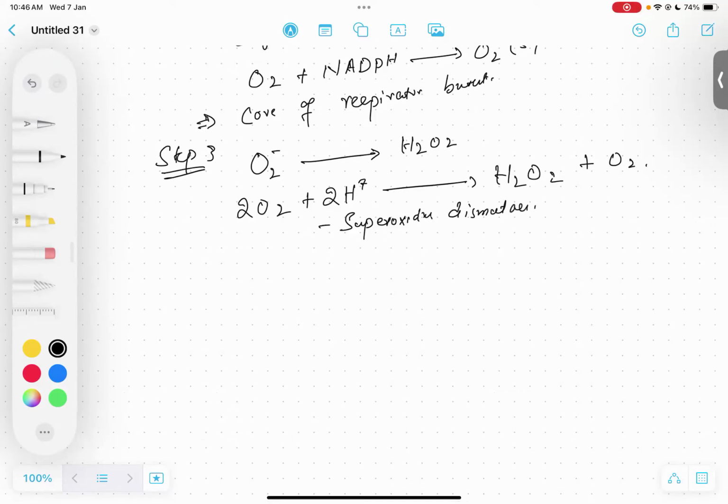So remember doctors, this enzyme is also important because MCQs will also come on this enzyme, like conversion of superoxide into hydrogen peroxide requires which enzyme? So you should go toward superoxide dismutase. Okay, doctors? So step 4 is actually the most potent acid formation, which is called hypochlorous acid formation.